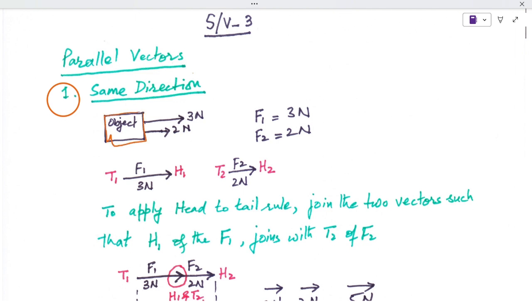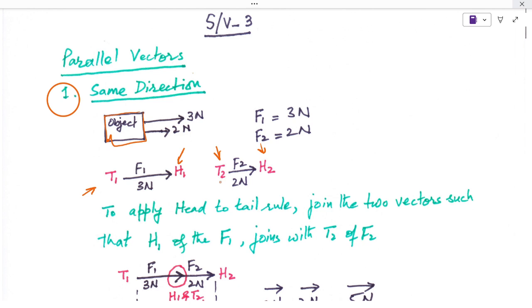Now in order to find the resultant of the two vectors, we are going to take first vector and label its tail as T1, head as H1, and then take vector 2 and label T2 and H2, then put them head to tail.